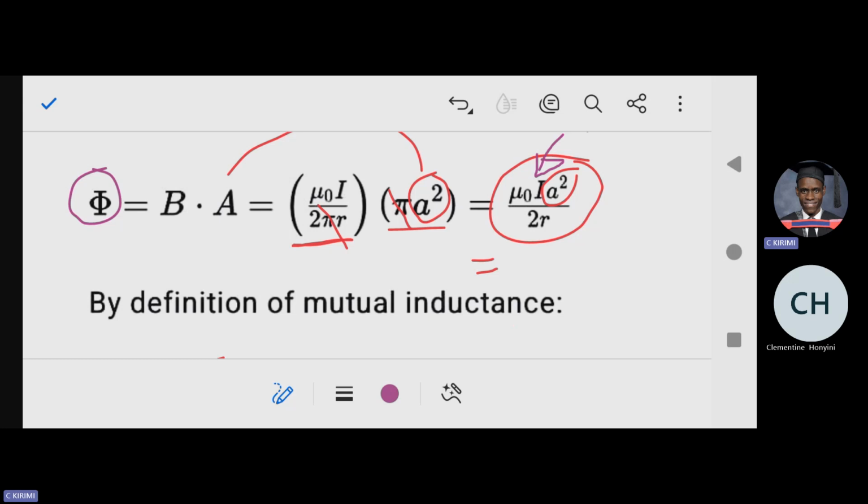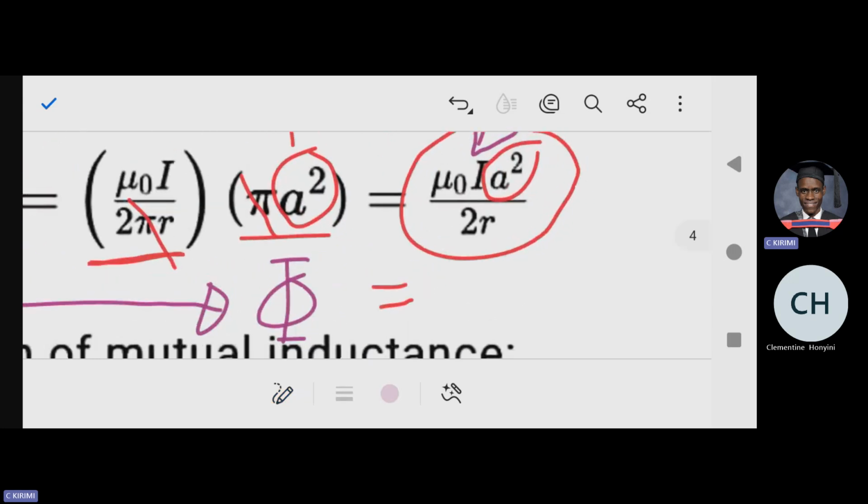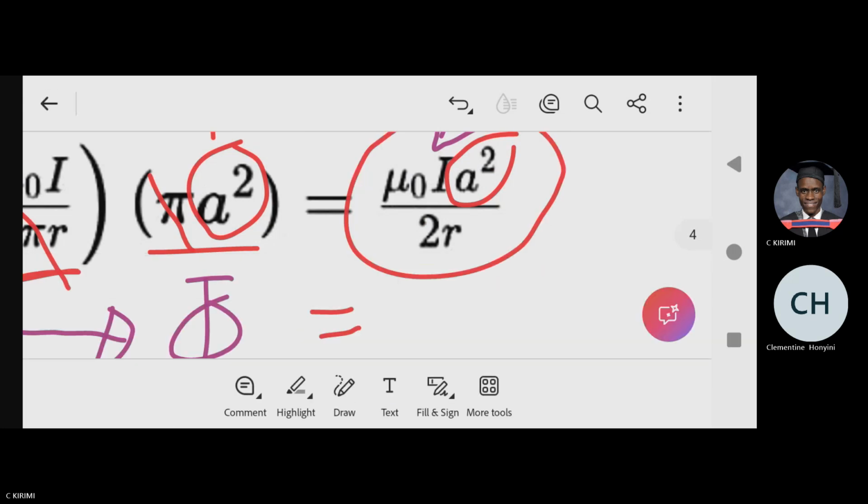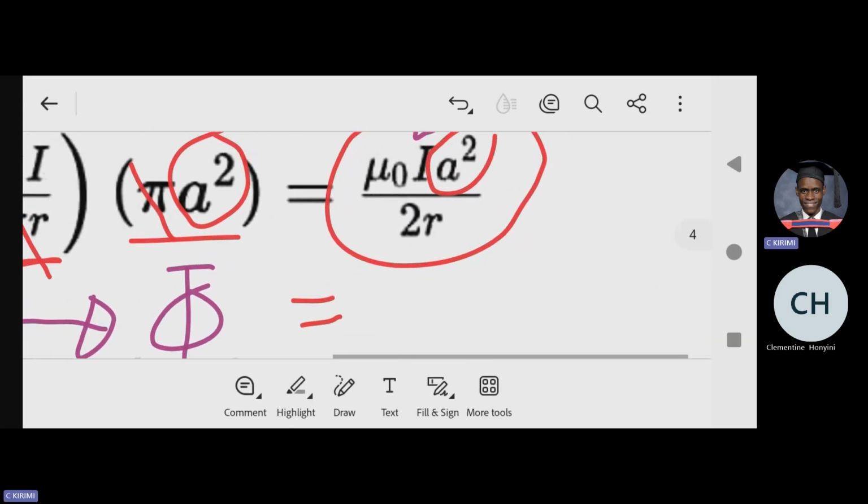When you remove it from there, you can rewrite the same equation, which is still the same equation. You can also write it like this.